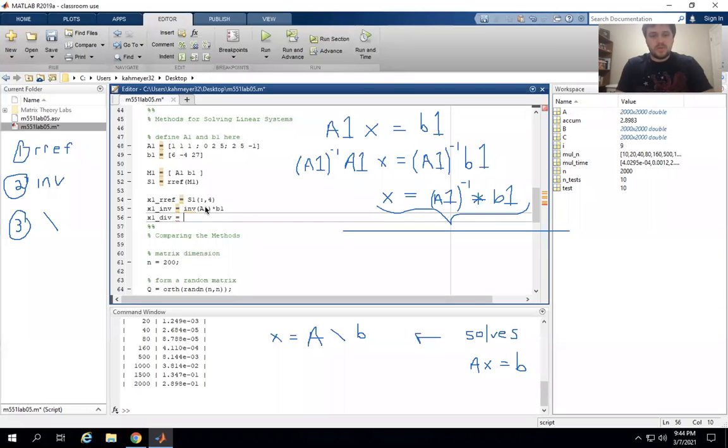So what we want to do then is to define x1 div to be A1 backslash B1, sorry, B1.